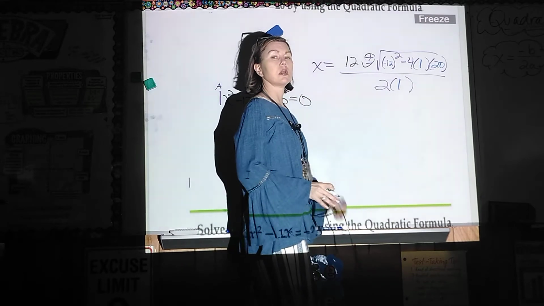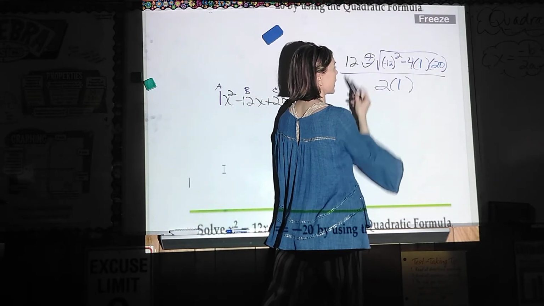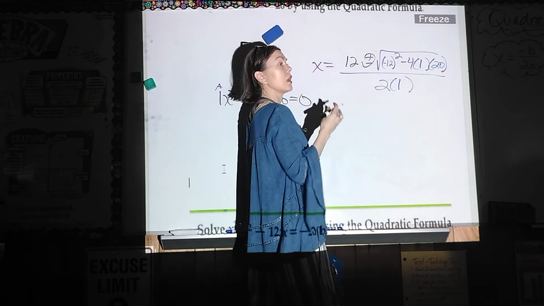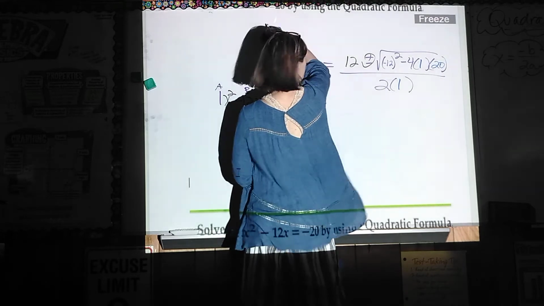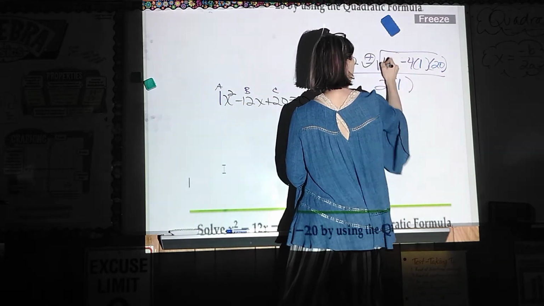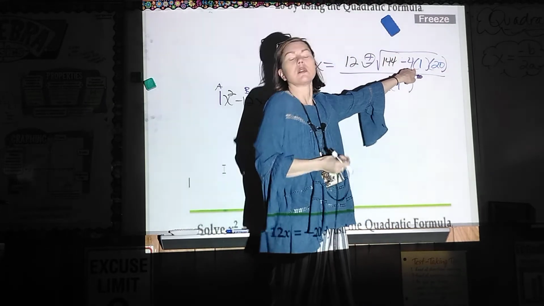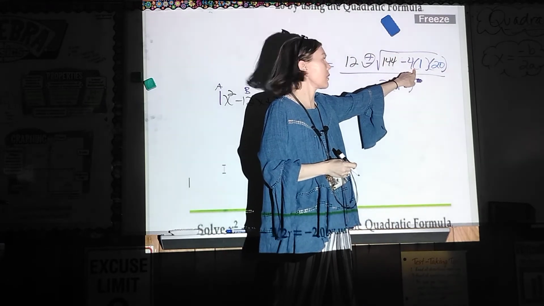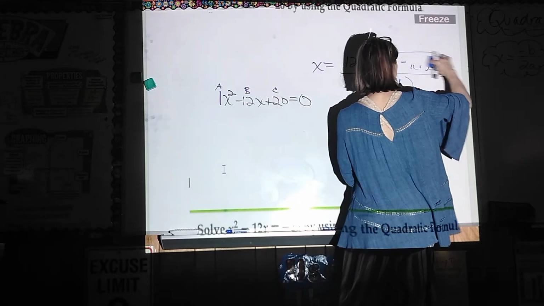Okay, moving on. Do the math. Negative 12 squared. Negative times negative is positive. 144. Put it in there, people. 144. What's a negative 4 times 1? Negative 4. What's a negative 4 times 20? Negative 80. Okay? Are you getting this?